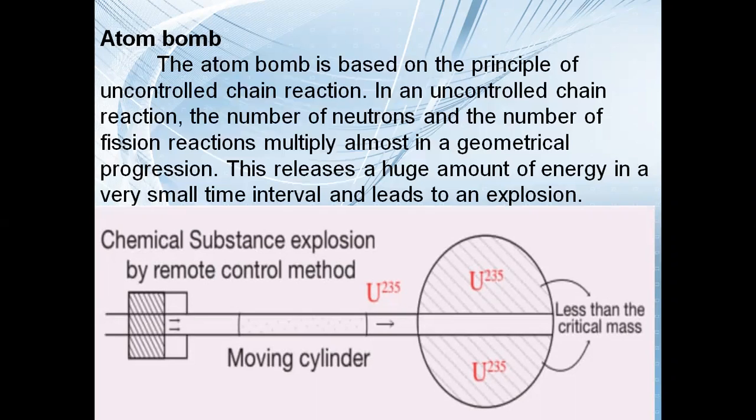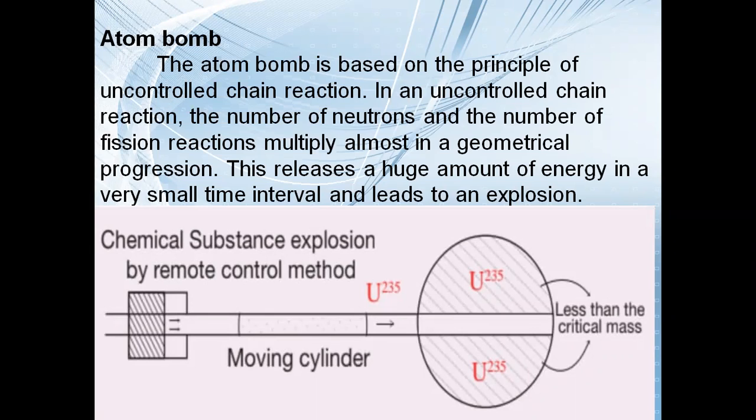In an uncontrolled chain reaction, a huge amount of energy is released within a fraction of time. The same process occurs in the atom bomb, which produces a large amount of energy.